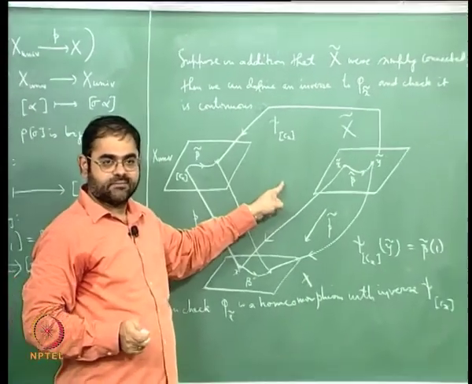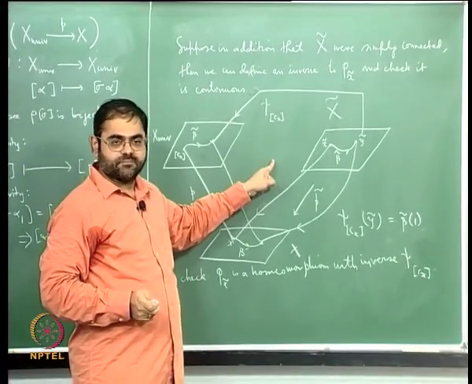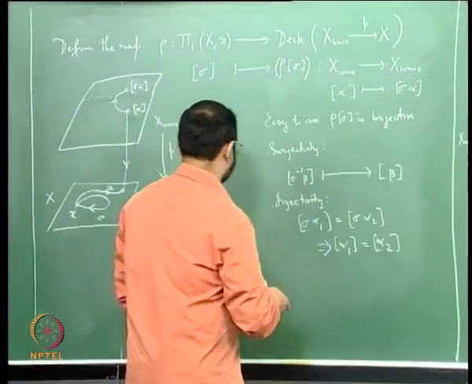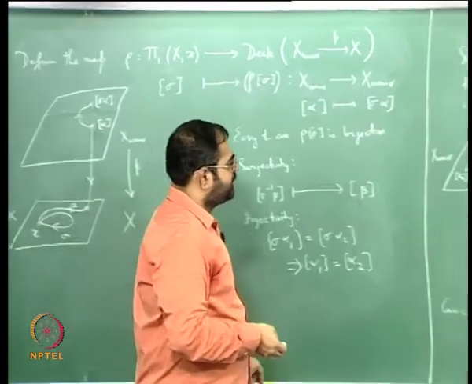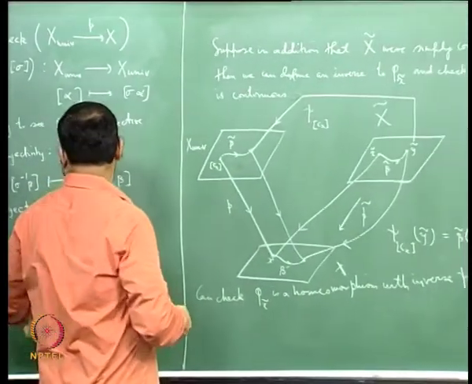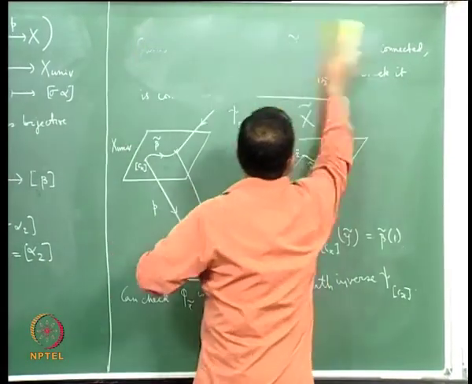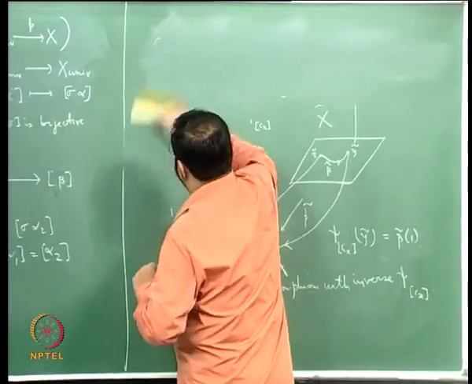That's the whole point, and that's the reason why it's a homeomorphism, okay. Why is it a map of this form? So if I write it down, let me draw another diagram.